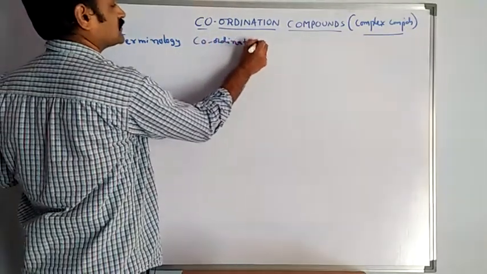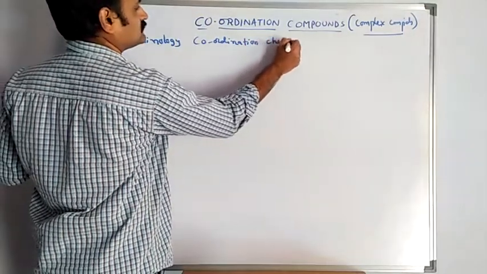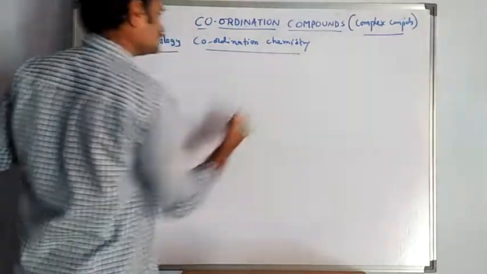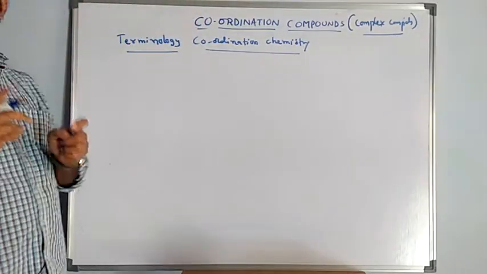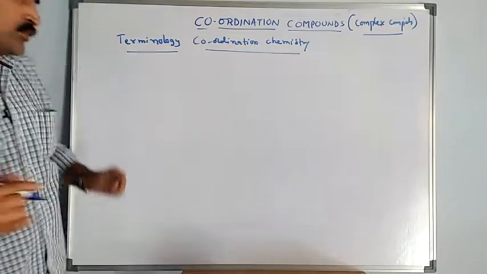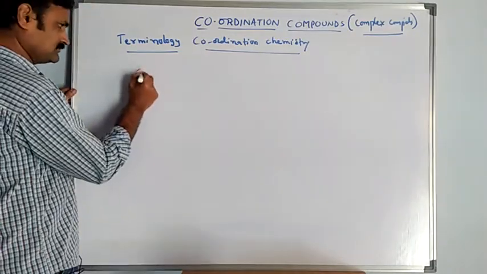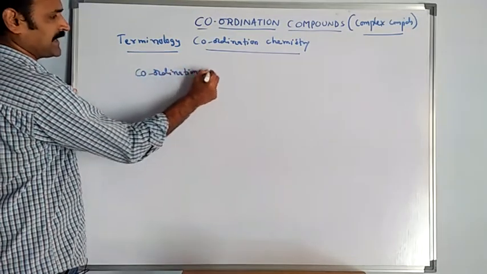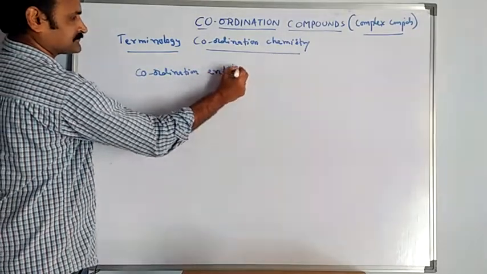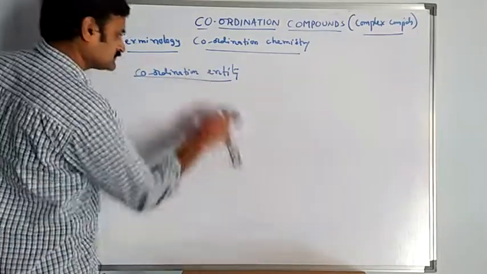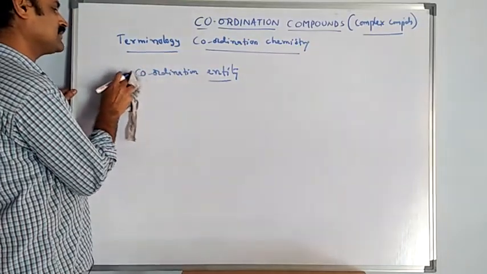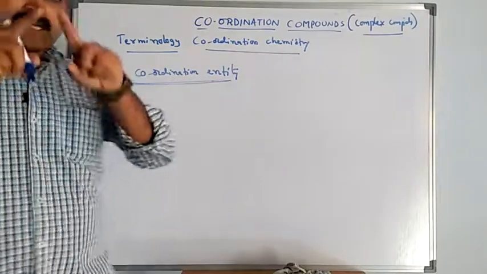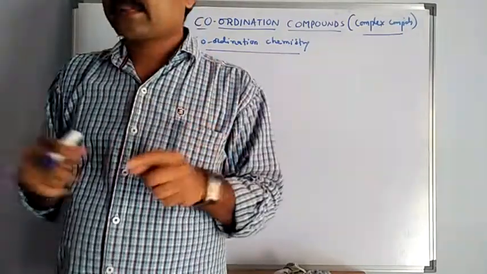In this terminology, first we are going to talk about one important term, that is called coordination entity. Whatever we are talking about, the square bracket is there, no?